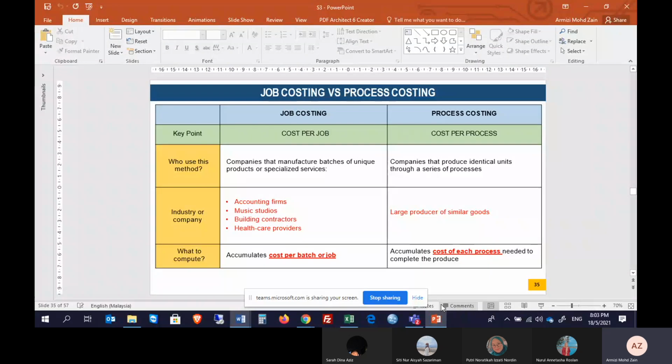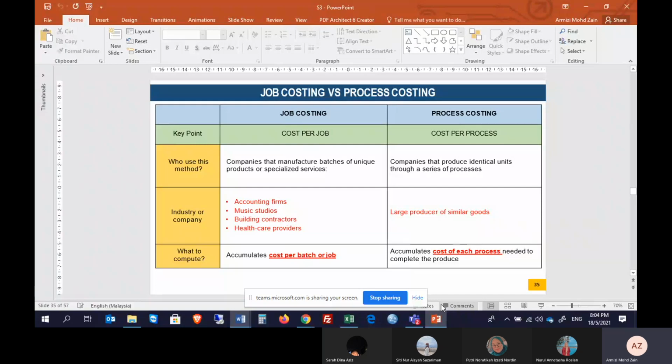Previously we discussed the manufacturing of potato chips, and another example we can provide is car manufacturing, furniture manufacturing, and any other example related to process costing.